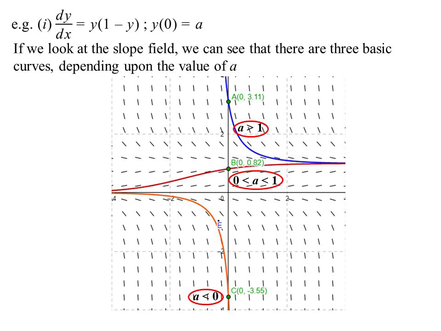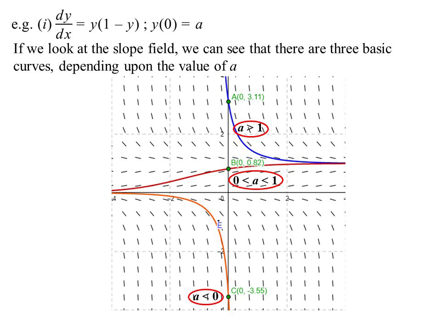So if a was greater than 1, because remember a is basically the y-intercept, then it would be this blue curve, something like that. If it was in between 0 and 1, I get this inflecting shape. And if it's less than 0, I get the orange one I've drawn in here. Now how do I know that?